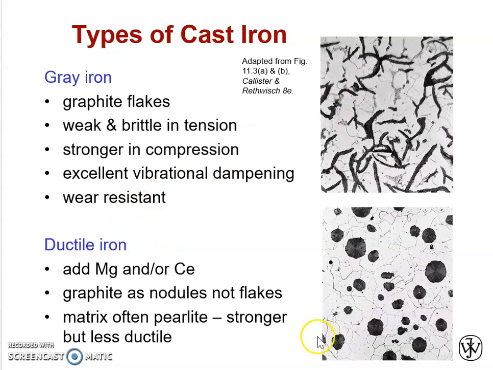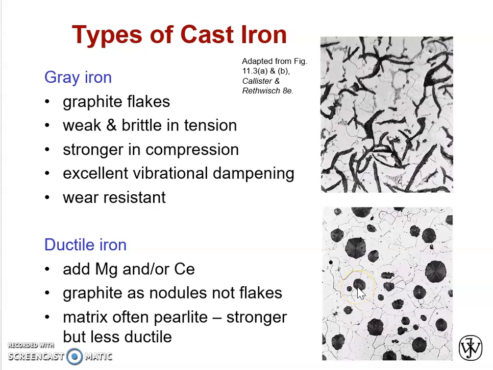Then ductile iron. If you look at the image of ductile iron, it looks like spherical nodules. The graphite is in the form of nodules, not flakes. Gray iron is just like flakes, but ductile iron is much more like a nodule.